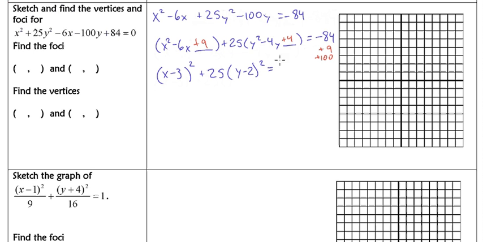And that's all equal to, well, negative 84 plus 100, that's positive 16, and then 16 plus 9, that's 25. So equals 25. Here, we're going to divide everything by 25, because remember, when we have the equation of an ellipse, we want it equal to 1. So divide everything by 25.